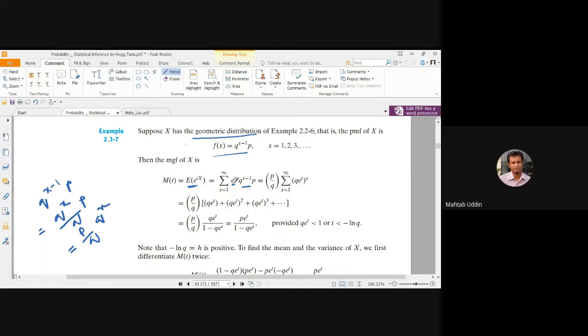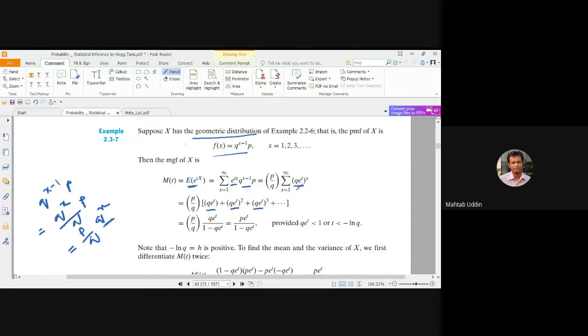But you can see q has the power x and e to the power t also has the power x, so they can be written within the bracket. Then put the values x equal to 1, 2, 3, and you will get this. Now this is an infinite geometric series.